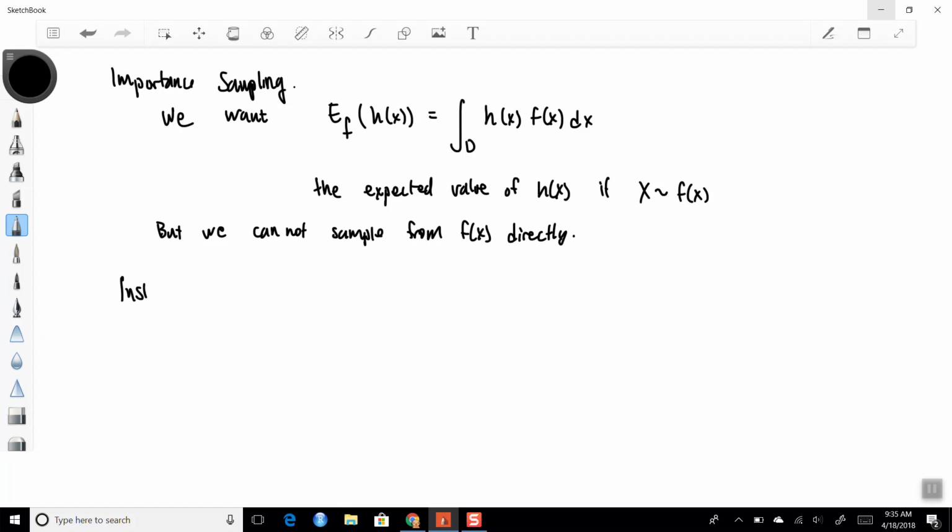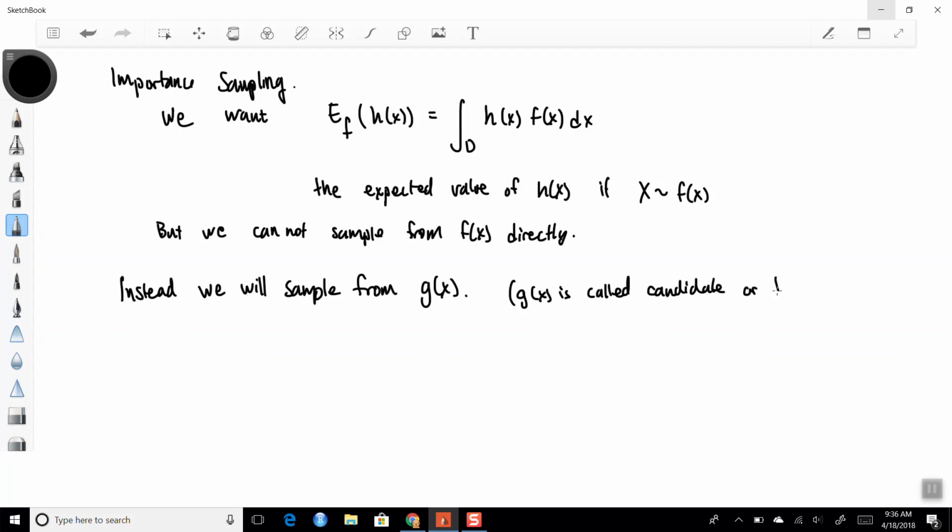So this is what we do. Instead, we sample from a different distribution. We say, I don't know how to sample from f of x, so I'm going to sample from g of x instead. We call g of x our candidate or trial distribution.